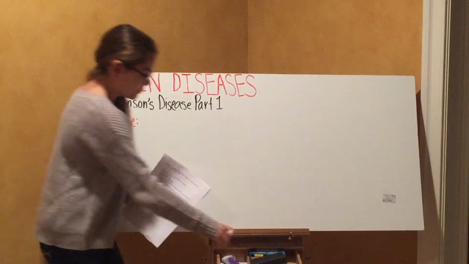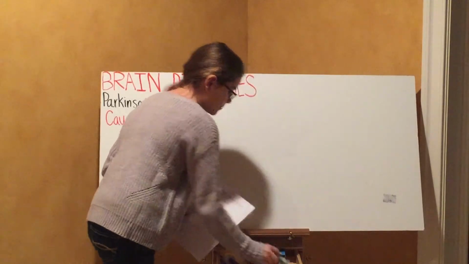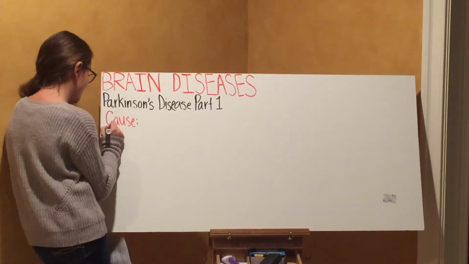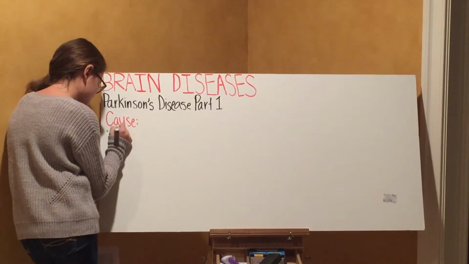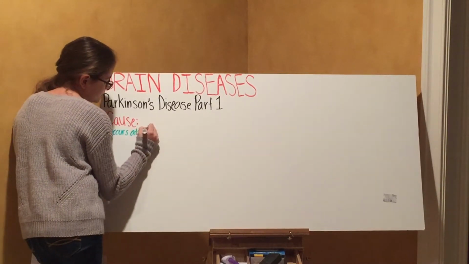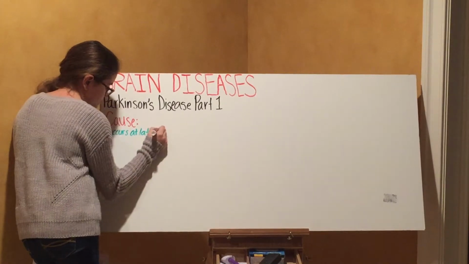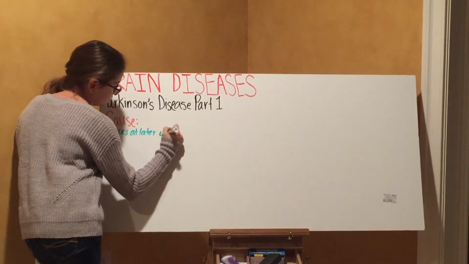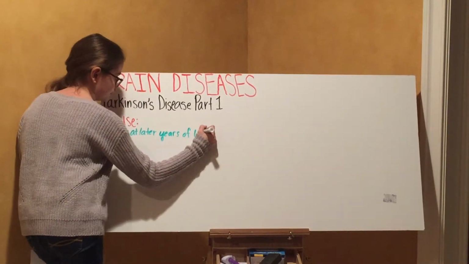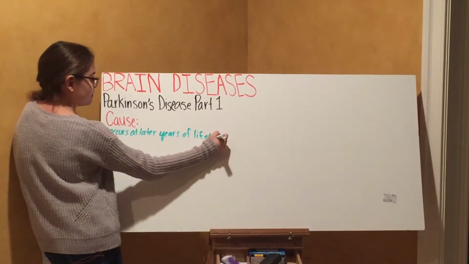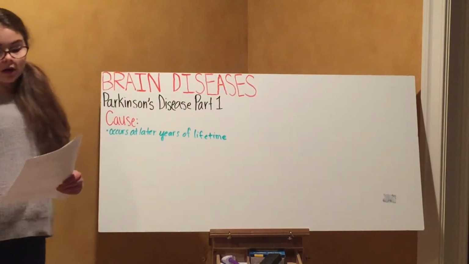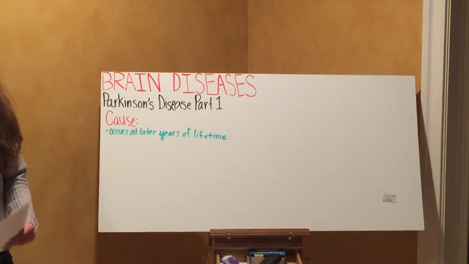Now, Parkinson's disease usually and mostly occurs in the later years of your lifetime. And Parkinson's disease is mainly caused by a loss of certain cells in the central nervous system.